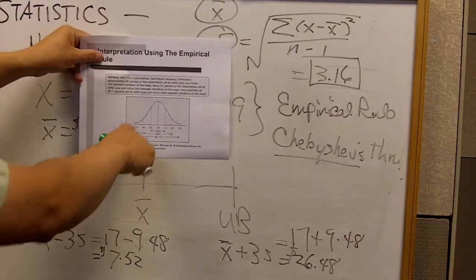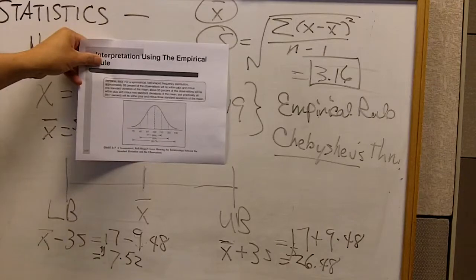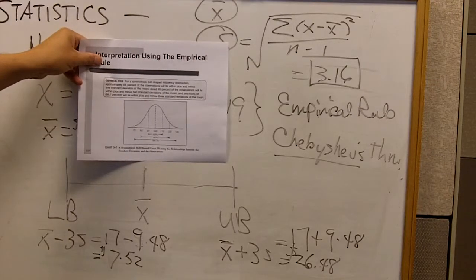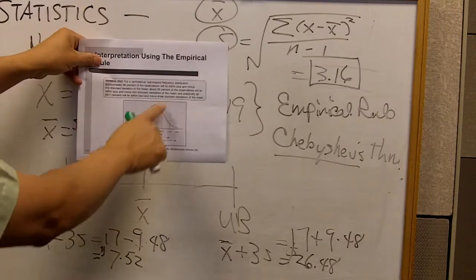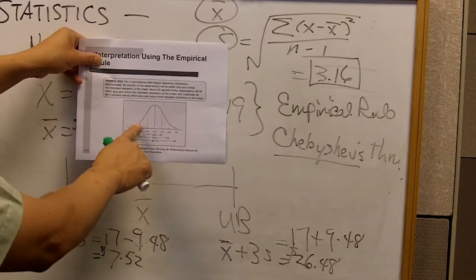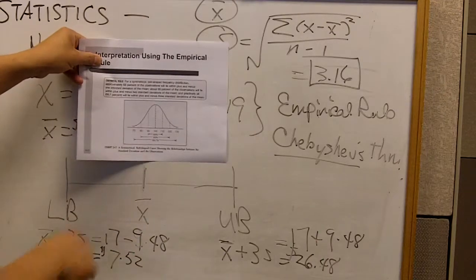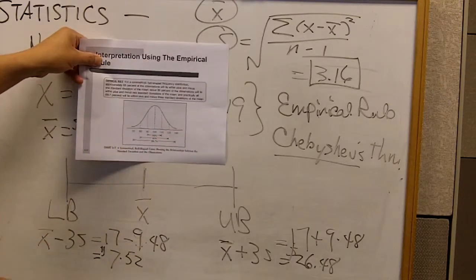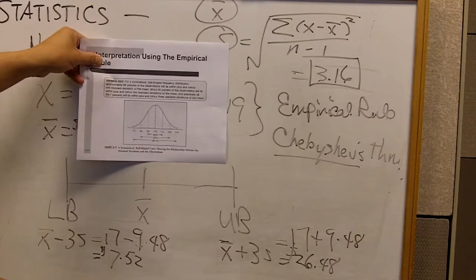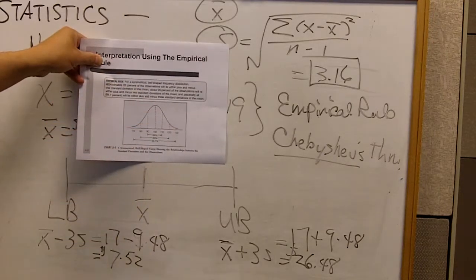And basically you can find about 68% of all values within 1 standard deviation, or 95% within 2 standard deviations of the mean on both sides. And then when you go 3 standard deviations, it is 99.7% of all values, but it requires our having a symmetrical distribution.